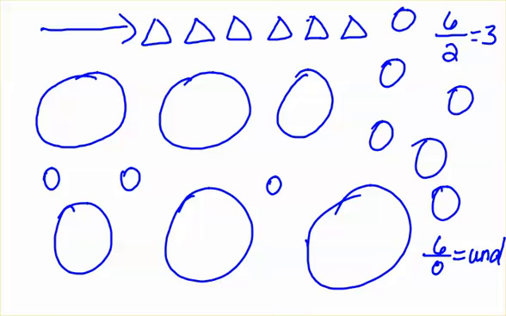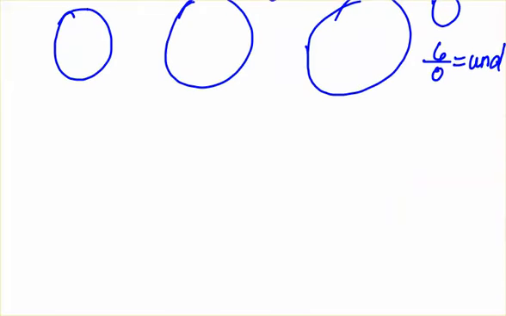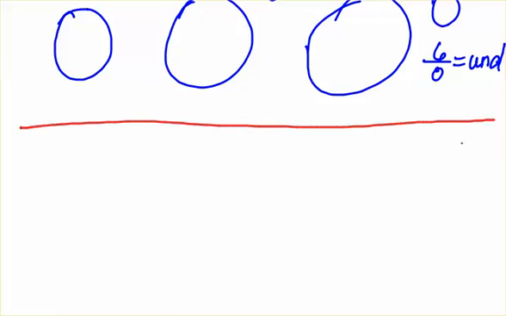Now, on the flip side of that, if we talk about 0 divided by 6, well, I'm going to start off with 0 triangles right here. And I want to put those in groups of 6.